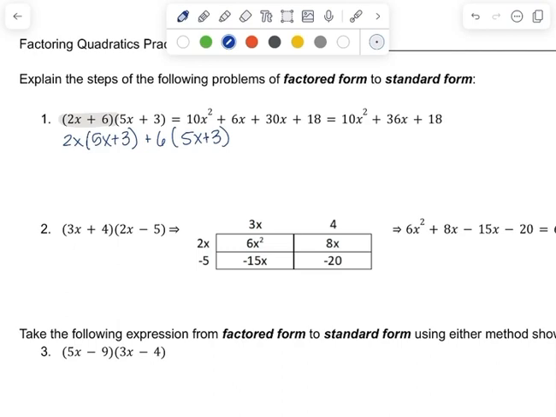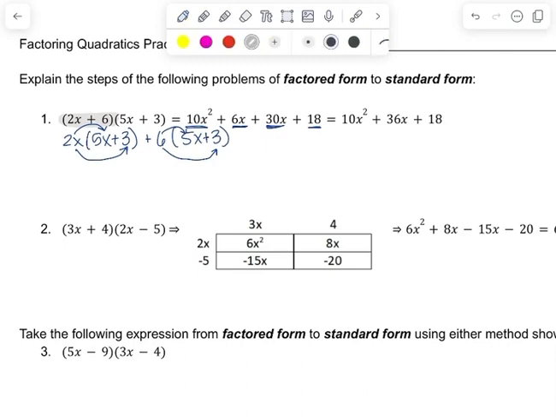So we're taking 2x times 5x, and that gives us 10x squared. And then 2x times 3, because we can't forget to multiply by everything within the parentheses, gives us 6x. Then we take 6 times 5x, which gives us 30x, and 6 times 3, which gives us 18.